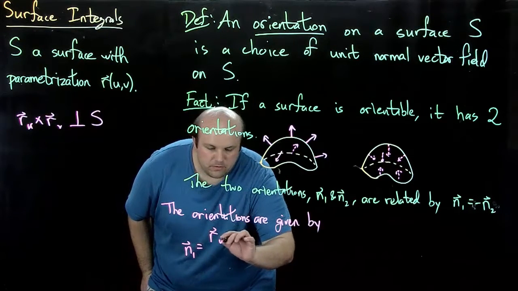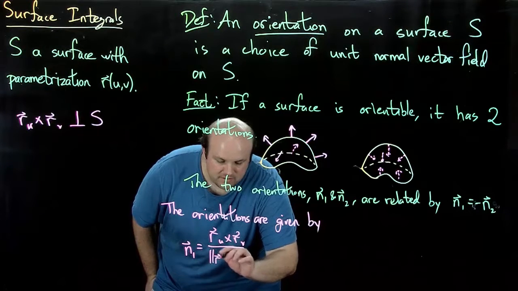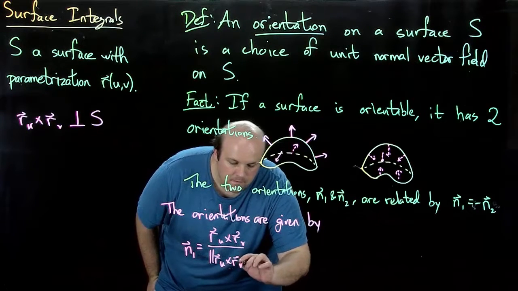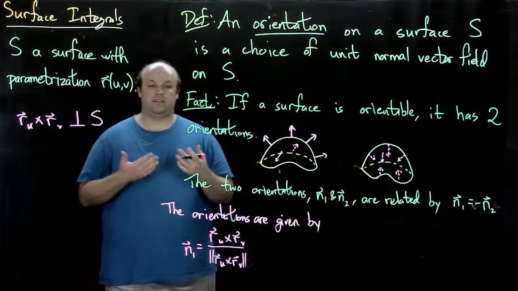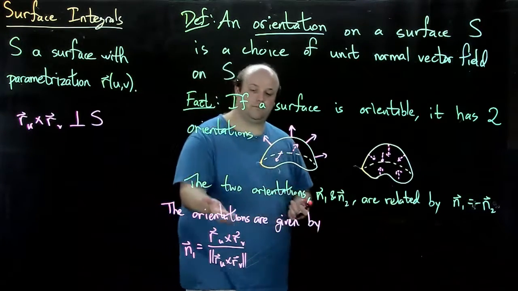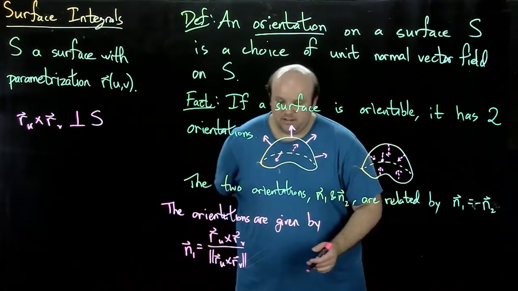We have r_u cross r_v, divided by the magnitude of that. That makes sure that we have a unit vector, so this is a unit normal vector field on the surface. Then the opposite one is the negative of that.